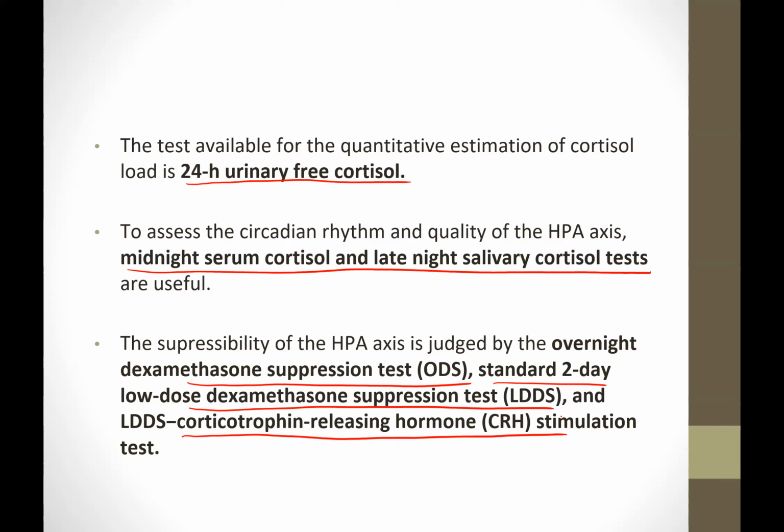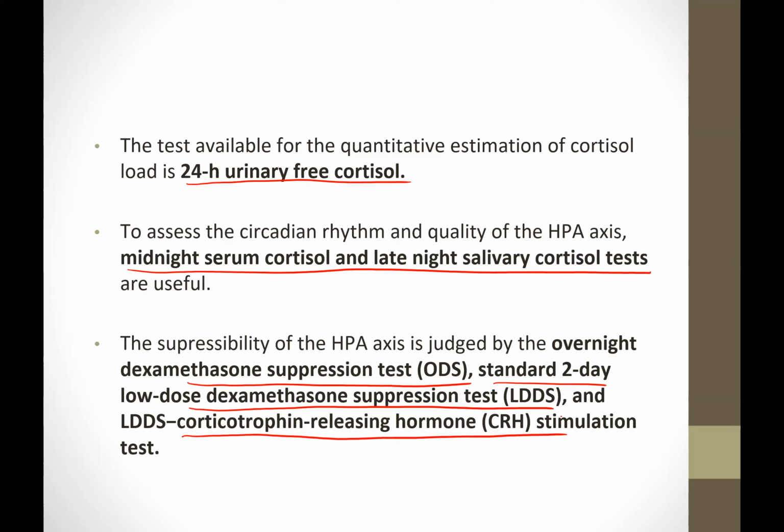The first test we have to do probably is one among the first two lines: 24-hour urine-free cortisol, or midnight serum cortisol at 12 midnight, or late night salivary cortisol. How you do the test will be described in a later section. If one of these tests is positive, you cannot confirm the diagnosis.